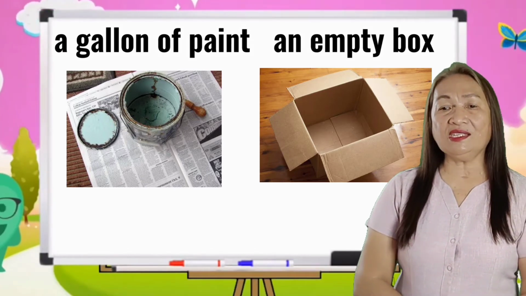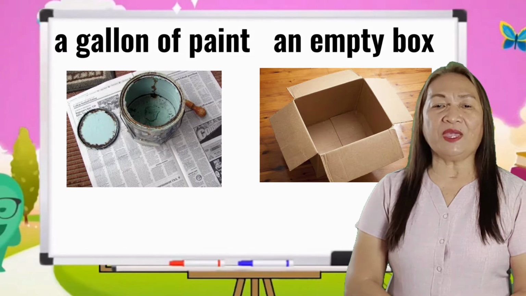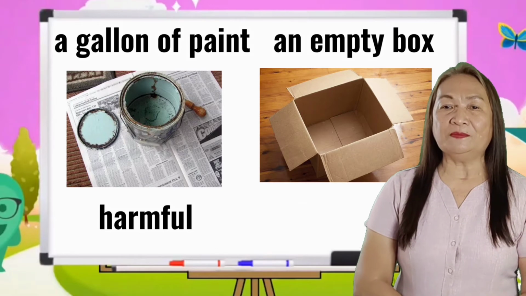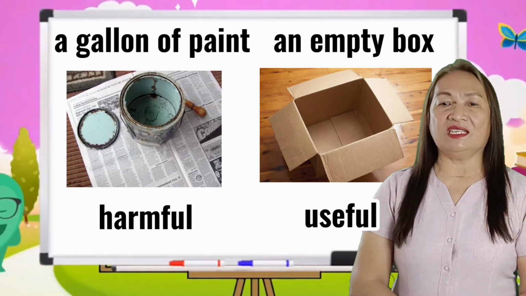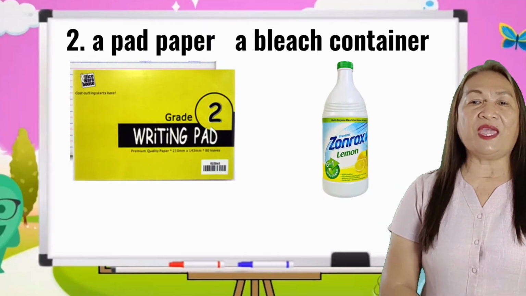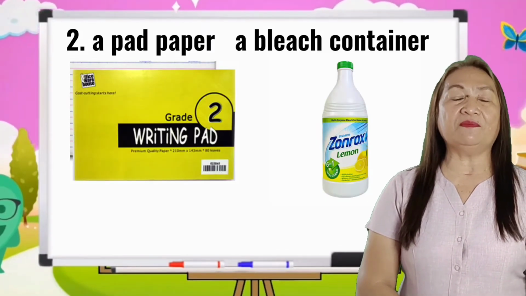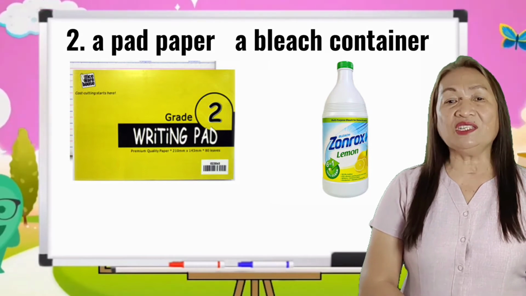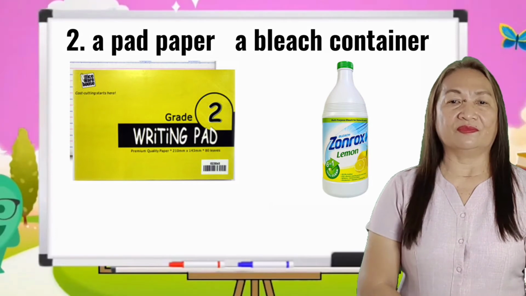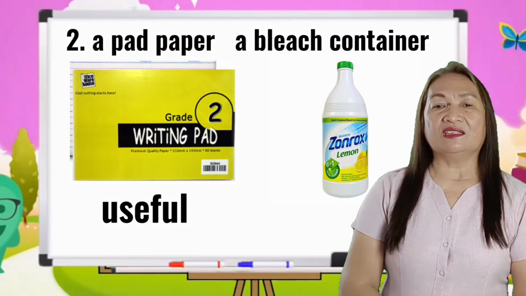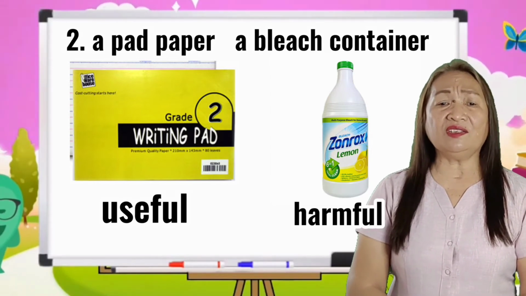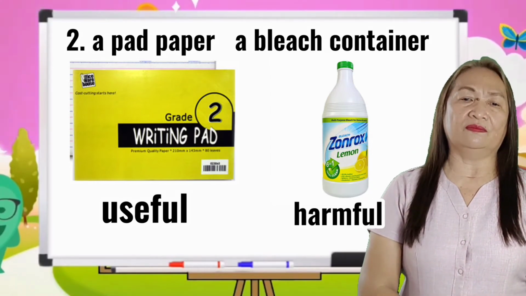The answer is the gallon of paint is harmful, while the empty box is useful. For number 2, the pair has a pad paper and a bleach container. Which is harmful and which one is useful? The correct answer is pad paper is useful, while the bleach container is harmful.